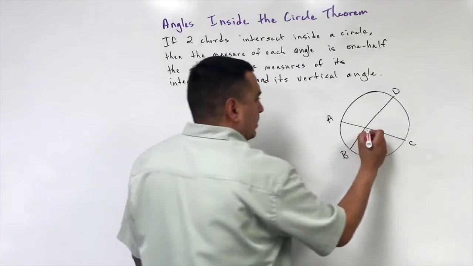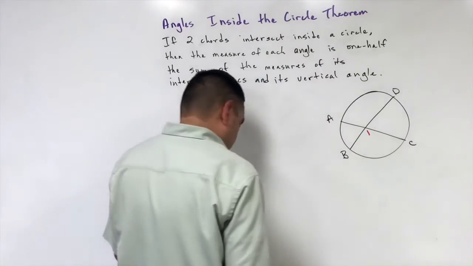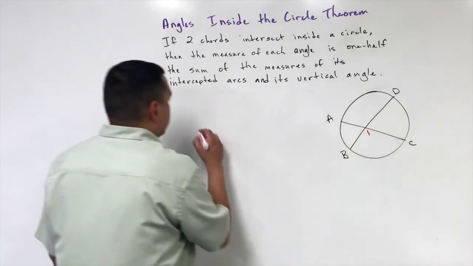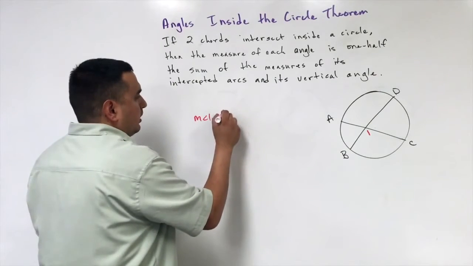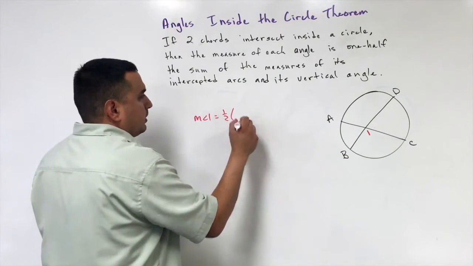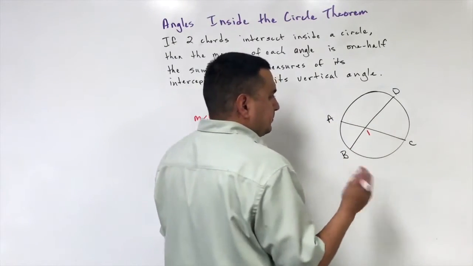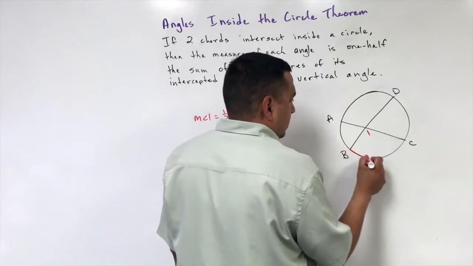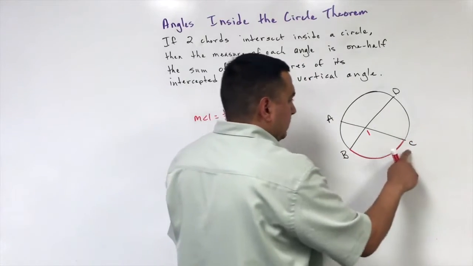So I'm just going to pick one, and I'm going to call this one angle 1. And we're going to look at the measure of angle 1, which is going to equal 1/2 the sum of the intercepted arcs. The intercepted arc for this side of angle 1 is BC.